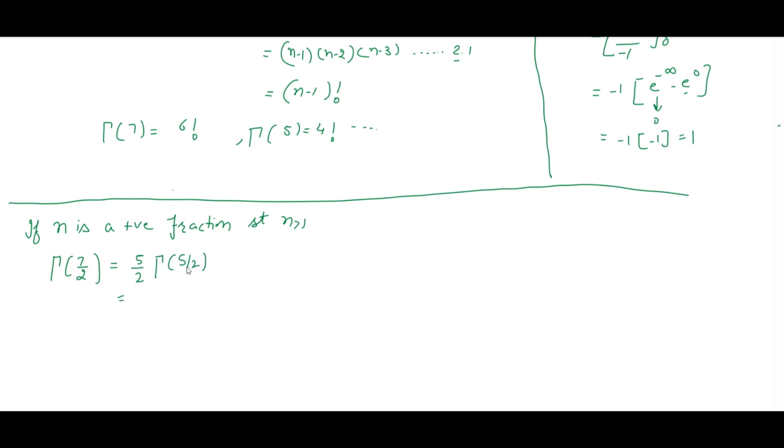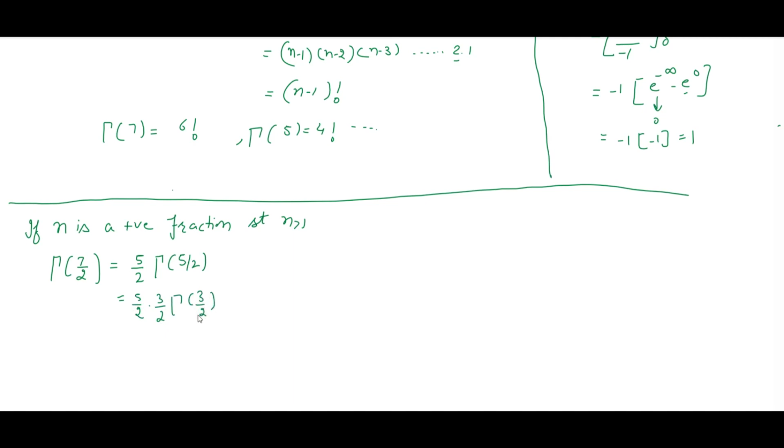Now further, 5 by 2 is still greater than 1, so you can again reduce it as 5 by 2 into 5 by 2 minus 1, that is 3 by 2 gamma of 3 by 2.